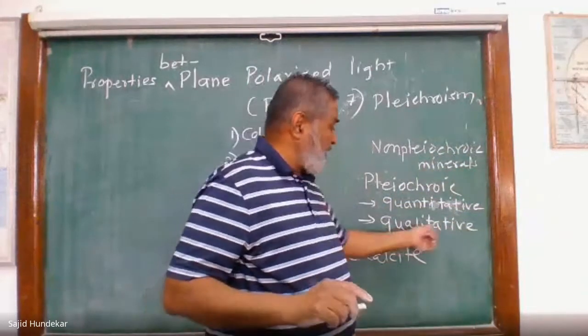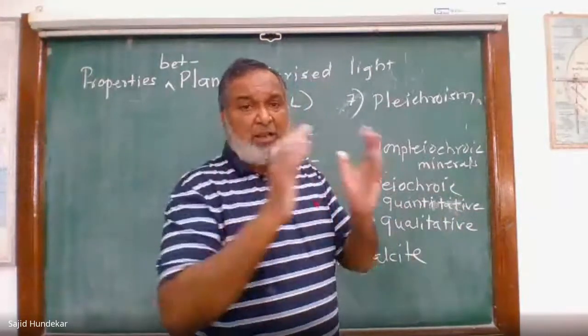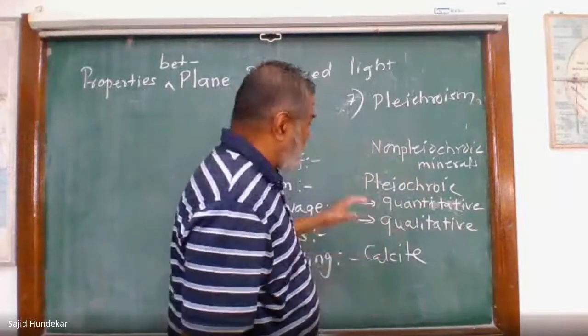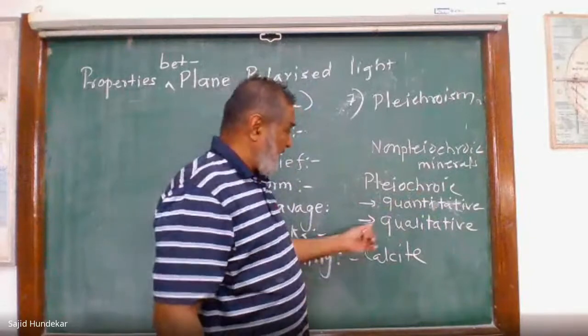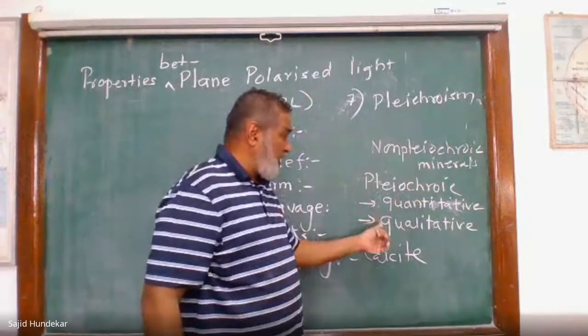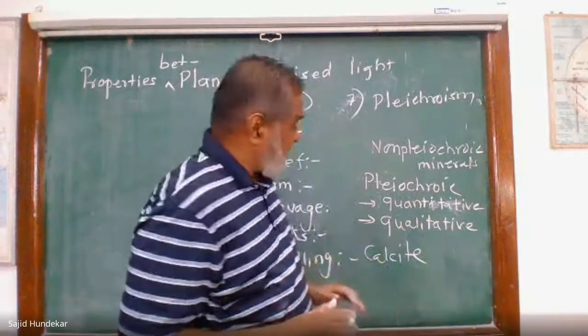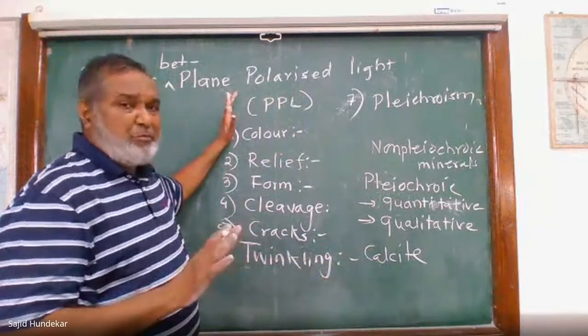And quantitative is light green to dark green, light yellow to dark yellow, light brown to dark brown. If one color changes to another, it is called qualitative pleochroism. Clear? So these are the 7 properties you are going to see in plane polarized light.